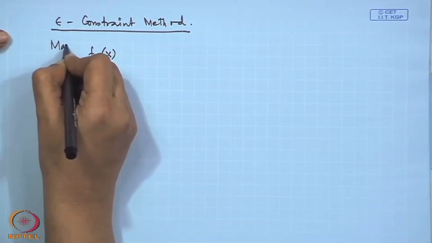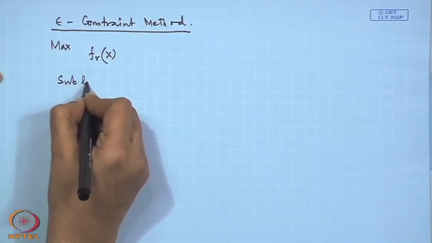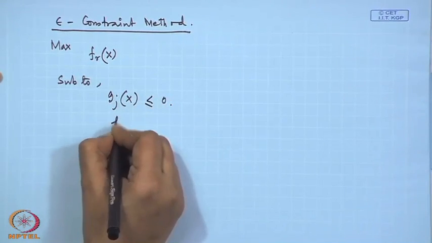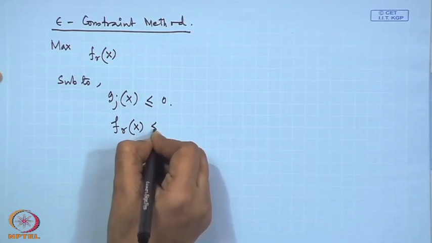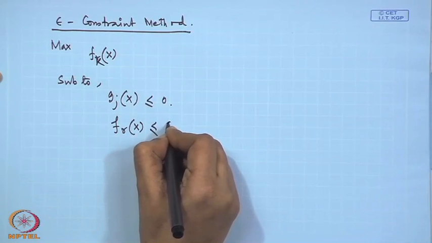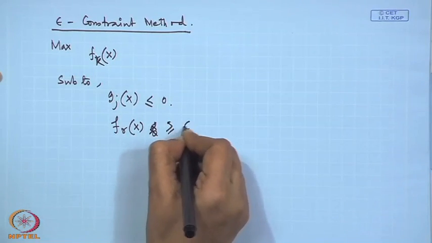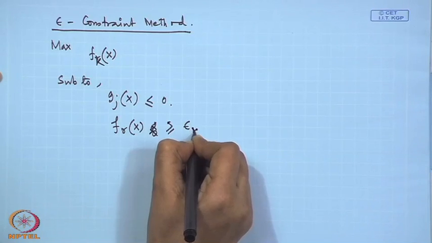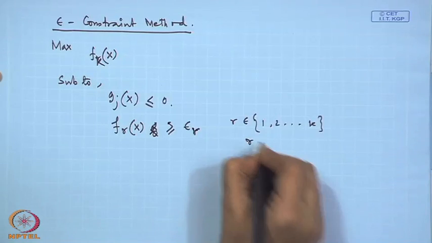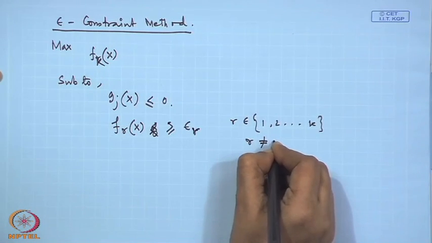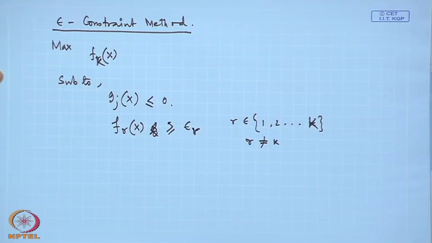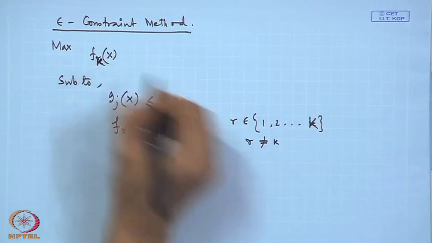We will maximize fr of x subject to fk of x greater than or equal to epsilon r, where r is between 1 to k, but r is not equal to k. Say k is some value in between, let me consider it a capital K, and this is a small k.